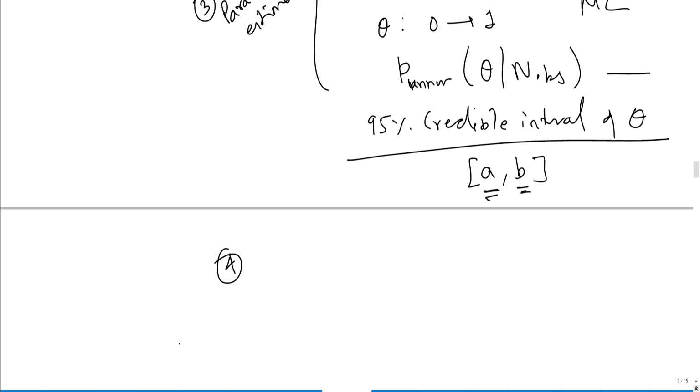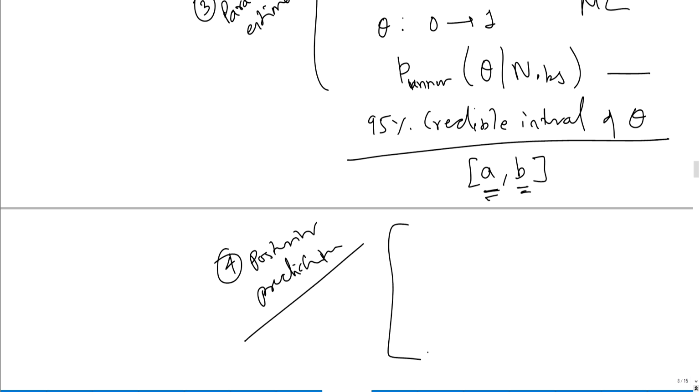After parameter estimation, now you can generate posterior predictions from the model. Okay. So, posterior predictions. How do we generate posterior predictions? We sample a value of the parameter from its posterior distribution, the posterior distribution that you have estimated, right.